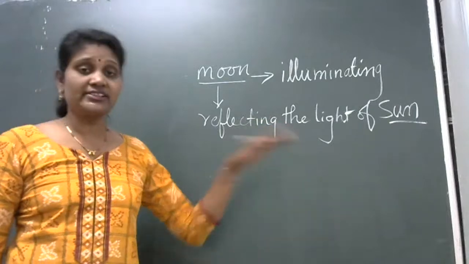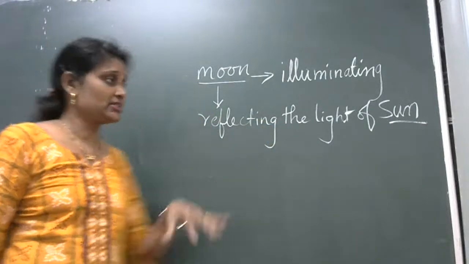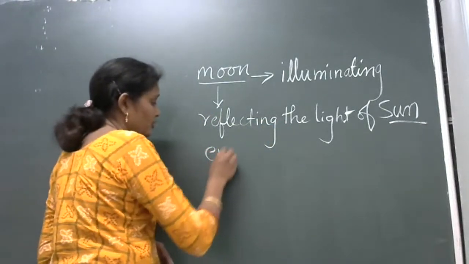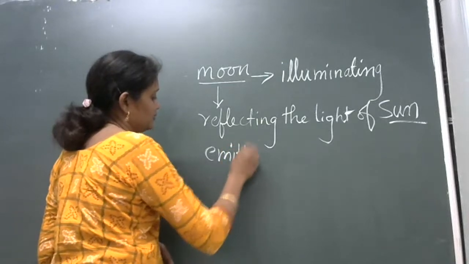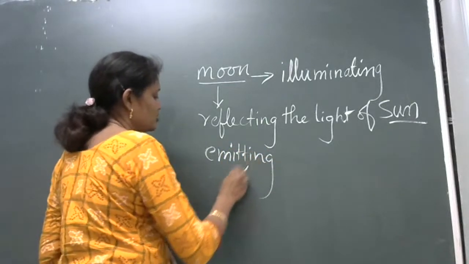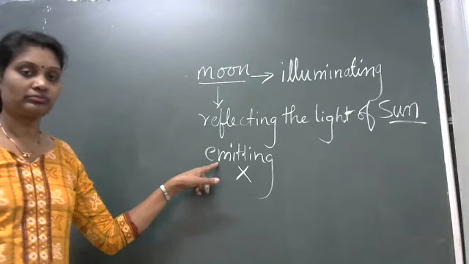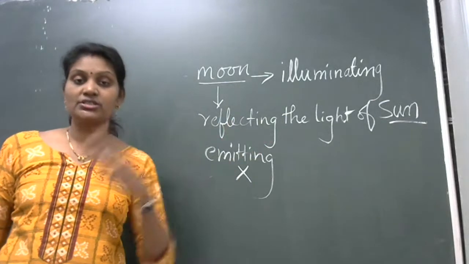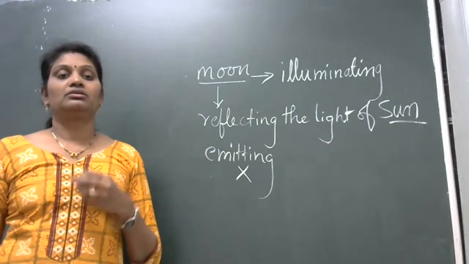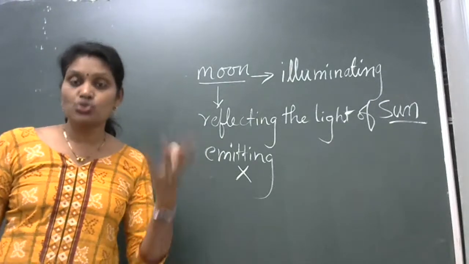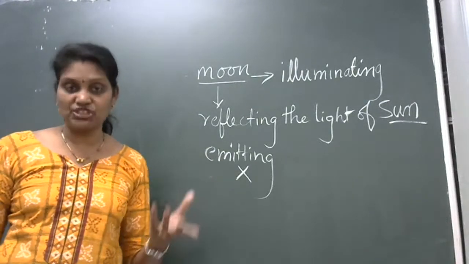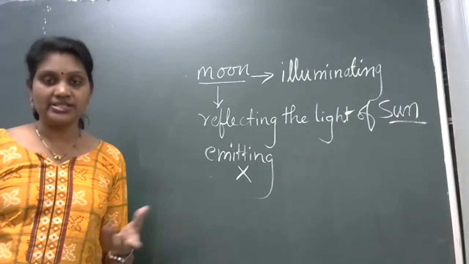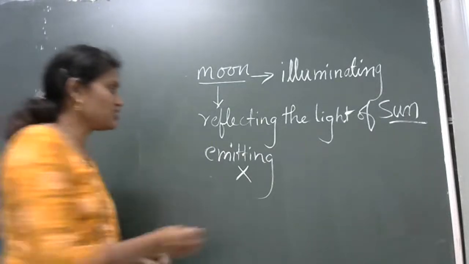It is reflecting the light, it is not emitting the light. ये देखो word emitting, it is wrong. It is not emitting the light. Emitting the light means when it is the source of light, we can say it is emitting. Own light is emitted. Emitting means own light.